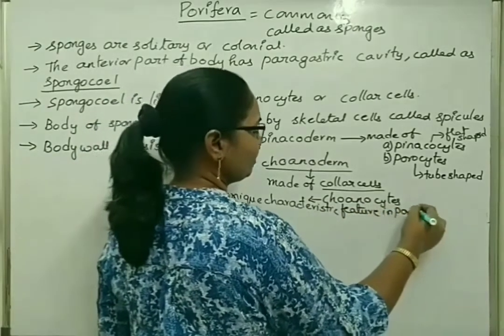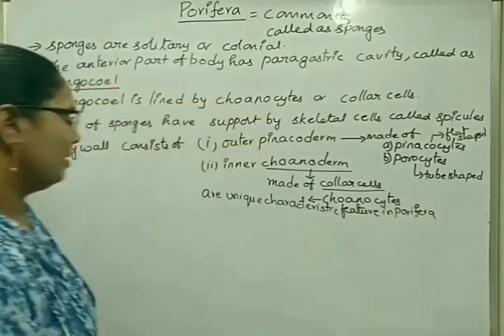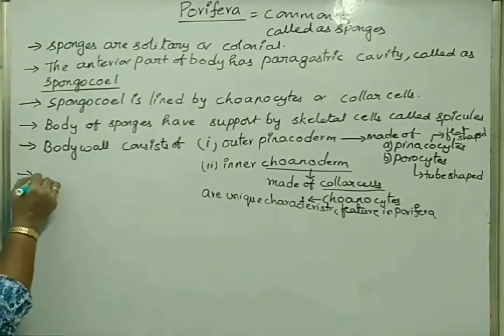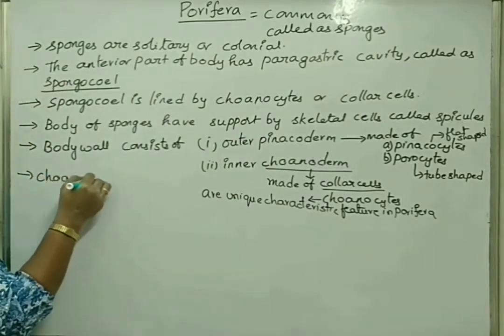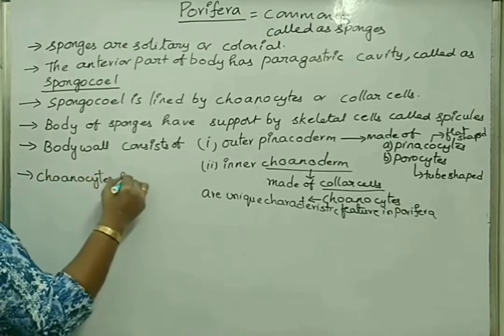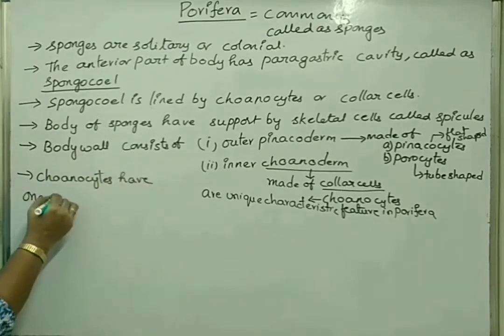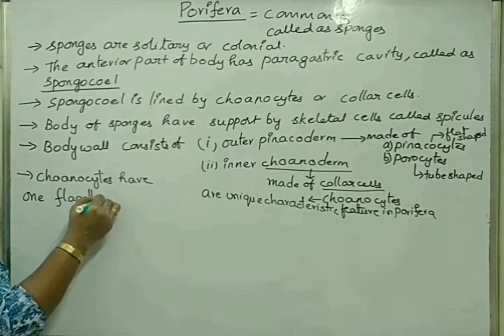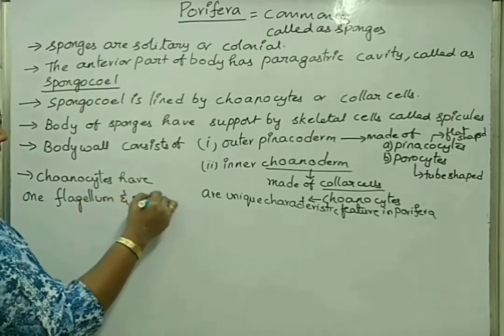These choanocytes or collar cells have one flagellum and many microvilli.